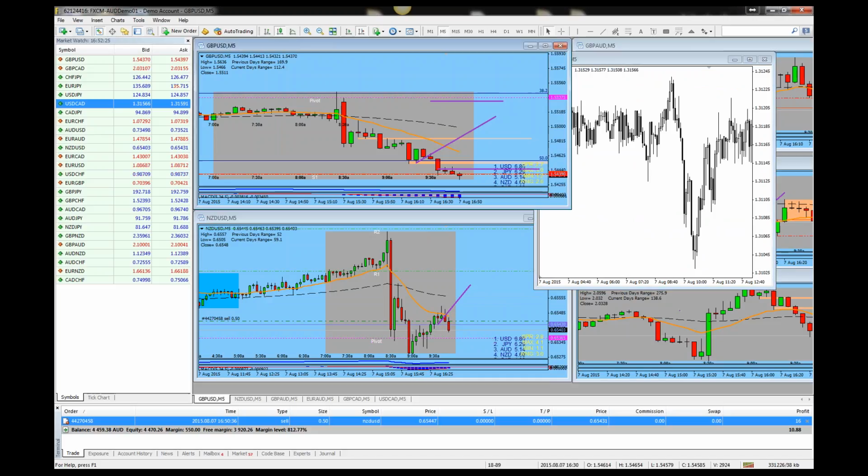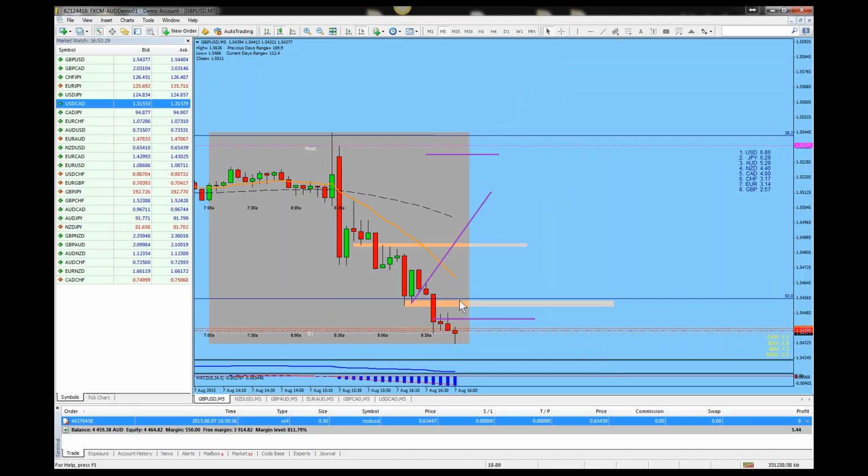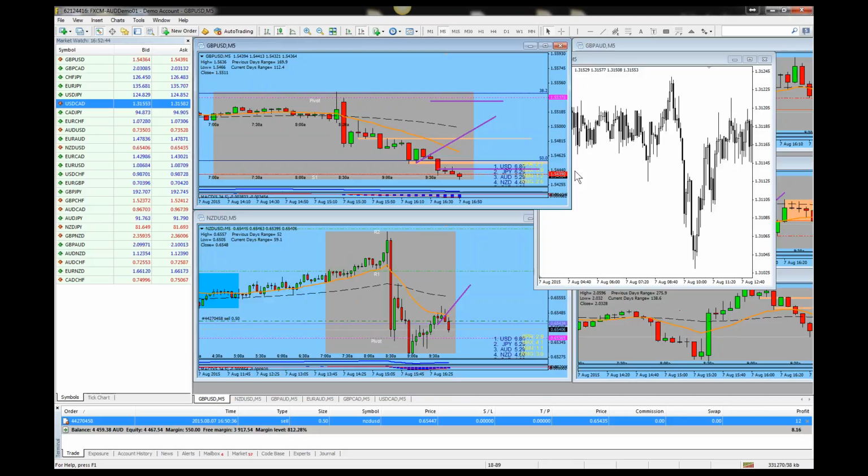This didn't give us a pullback yet. This was the area I figured for the pullback, but it never went that far back. I don't know what this line is here. Oh, that's why I exited the trade earlier, at the 10 or 11 pips. That was based on a projection. I expected the S1, but I said if I get between 10 and 15, I'll grab it, and I took like 11 out of it.